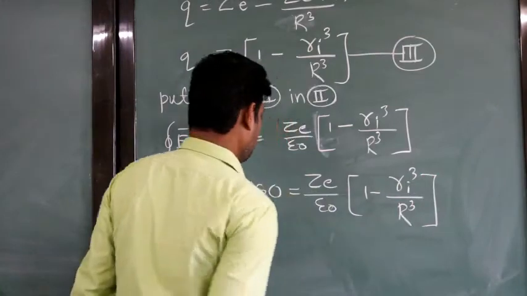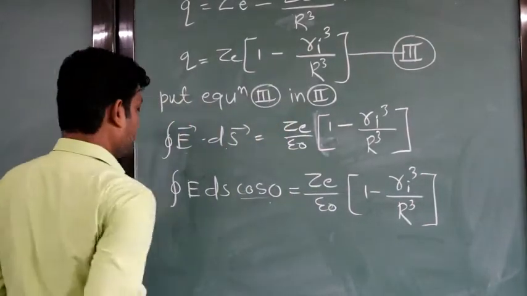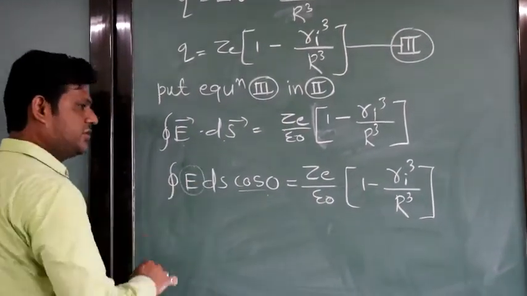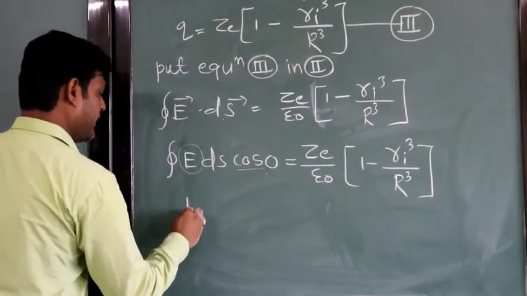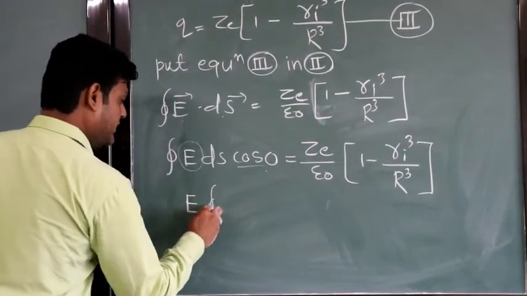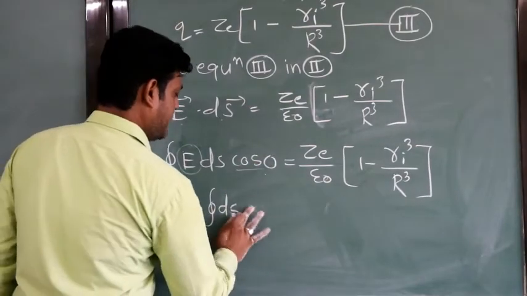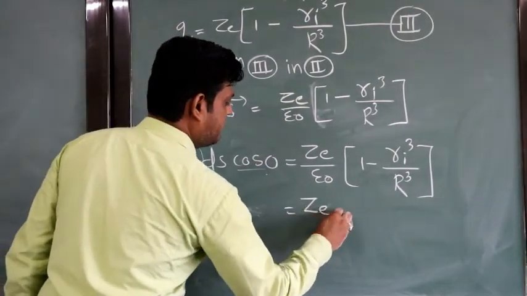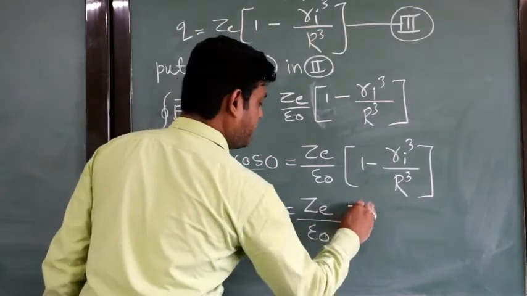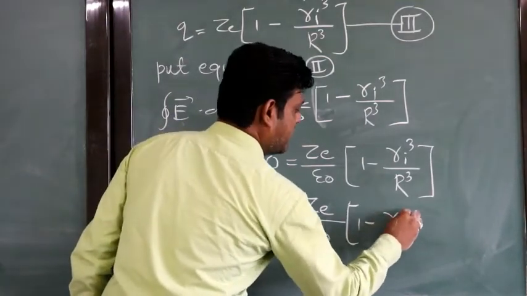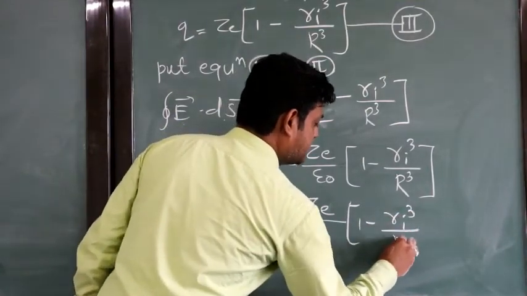Now cos 0 becomes 1, and the electric field remains constant on the Gaussian surface, so E will be taken outside. Closed integration of ds, with cos 0 equal to 1, equals Ze divided by epsilon 0 times 1 minus Ri cube divided by R cube.